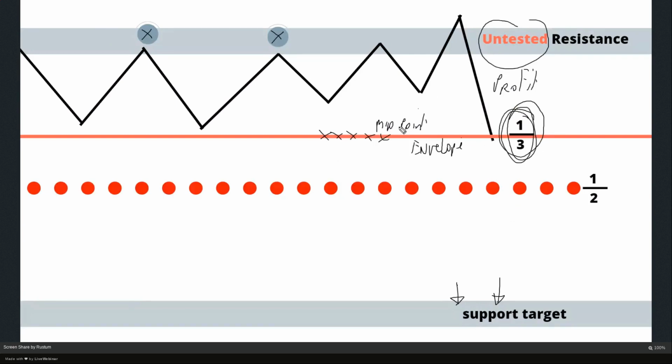And we're going to assume that the midpoint of the envelope, which is the 5-period exponential moving average, is an area where some profits will be taken as well. So that is what I mean by a qualified level and an untested level of resistance.